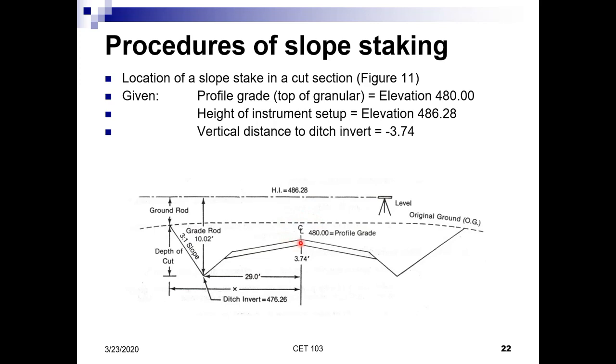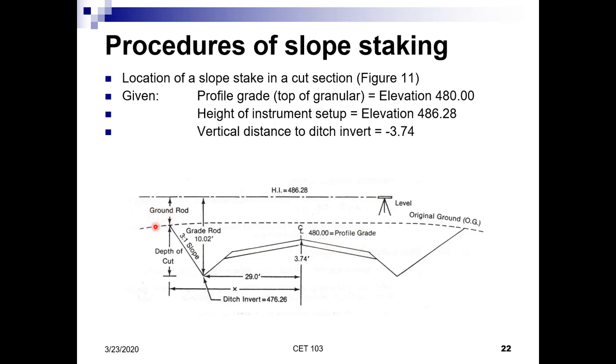The first thing we need to do in slope staking is establish the elevation of the original ground. Now, if you'll notice from this section, the proposed grade sets below the existing grade, so this is what we would call a cut section. The objective here is to find the location where the ground and the design grade will intersect so that construction may take place.